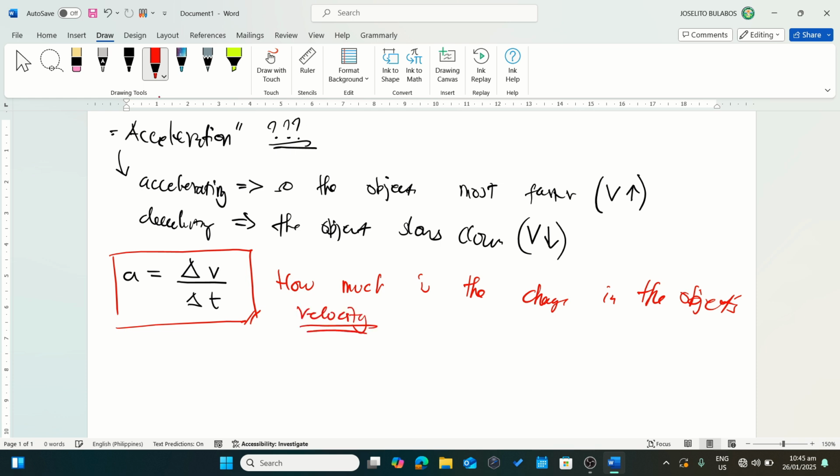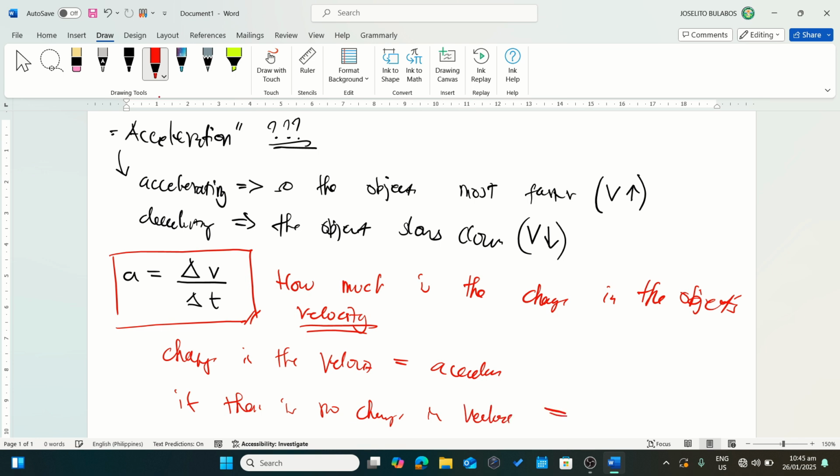Meaning if there is a change in the velocity, then there is acceleration. If there is no change in velocity, then the acceleration is zero.